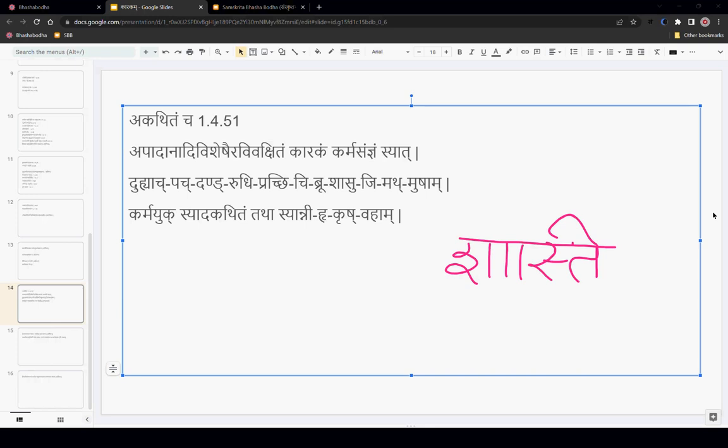An example. So here dhanurvidya obviously is the pradhana karma, shasti. Kauravebhyah is the sampradana, which can change into karma karaka, dvitiya. So dronacharya kauravan dhanurvidyam shasti.